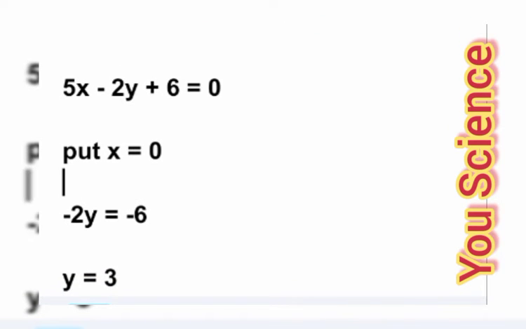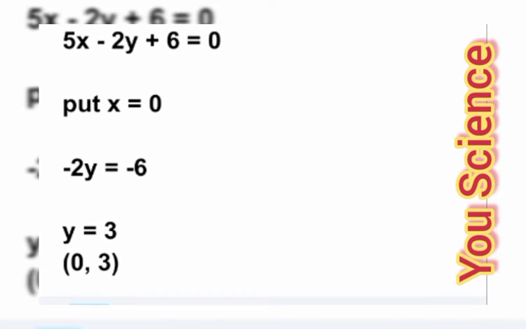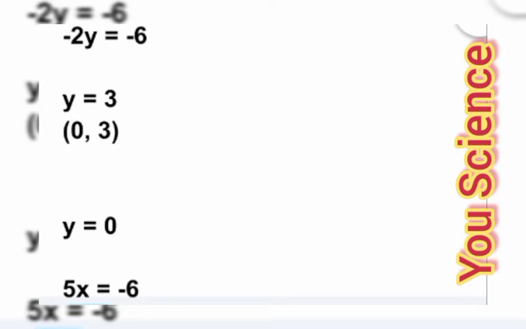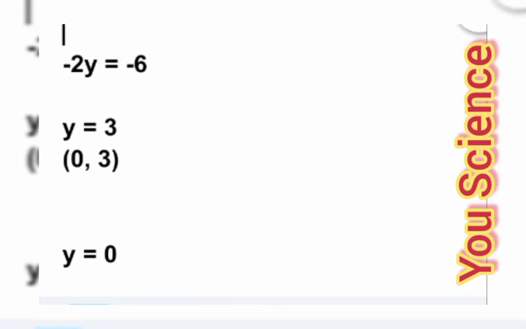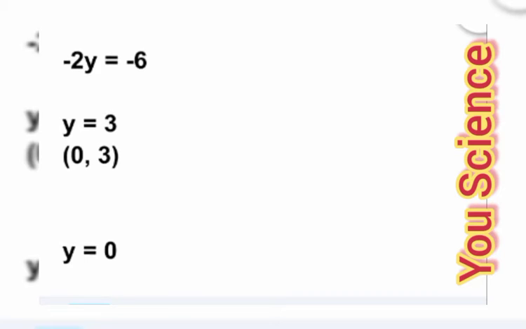So the coordinate of the point of intersection of the straight line 5x minus 2y plus 6 equals 0 with the y-axis is (0, 3). Next is to put y equals 0. So putting y equals 0 in 5x minus 2y plus 6 equals 0, I'm going to have 5x plus 6 equals 0.